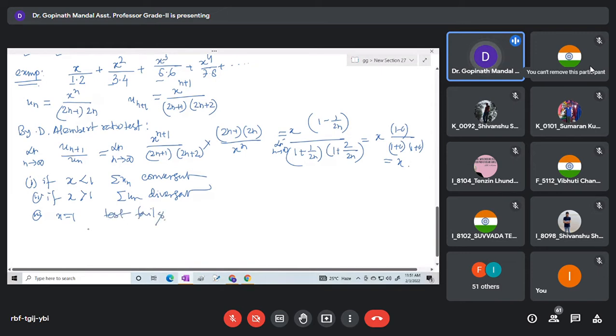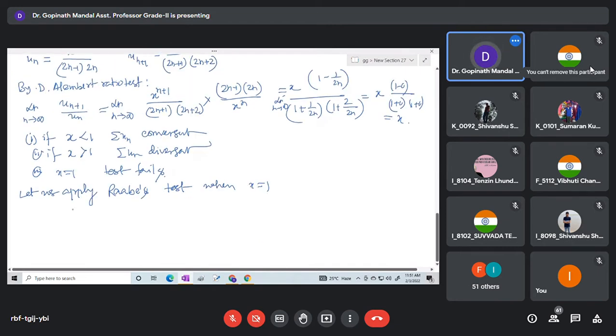Now we apply Rabi's test. Let us apply Rabi's test when x equal to 1.